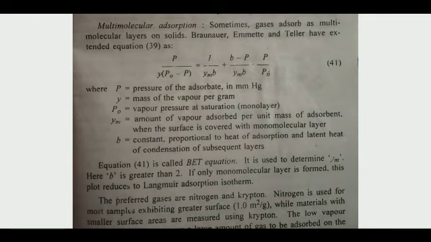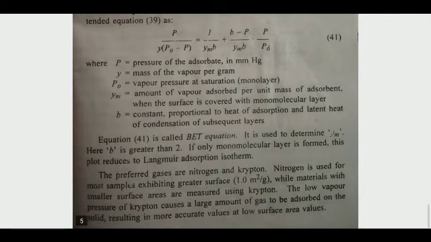The preferred gases are nitrogen and krypton. Nitrogen is used for most samples exhibiting greater surface area, while materials with smaller surface area are measured using krypton.